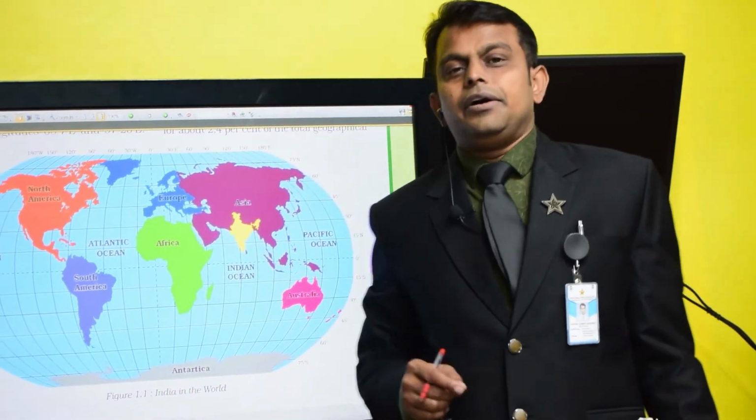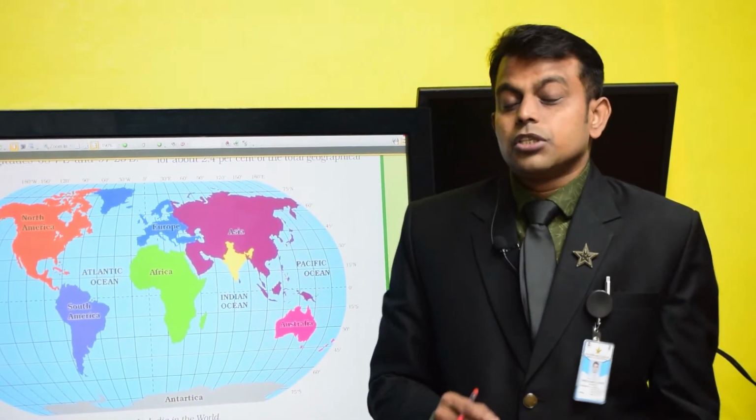The southern part of India is much nearer to the equator, or 0 degrees, than the northern side of India. So on account of the nearness to the equator, the southern side of India gets a larger duration of the day than the northern side. So this is the important factor.